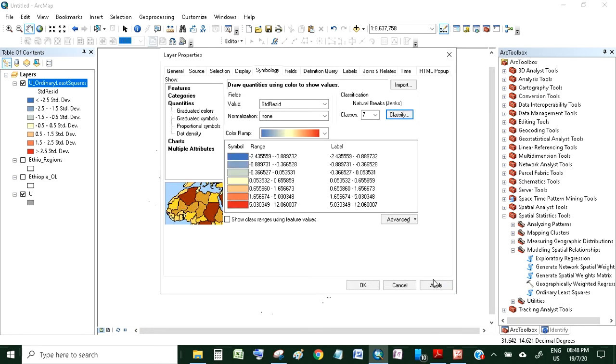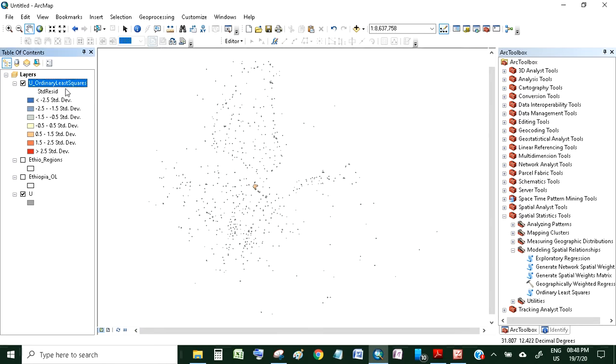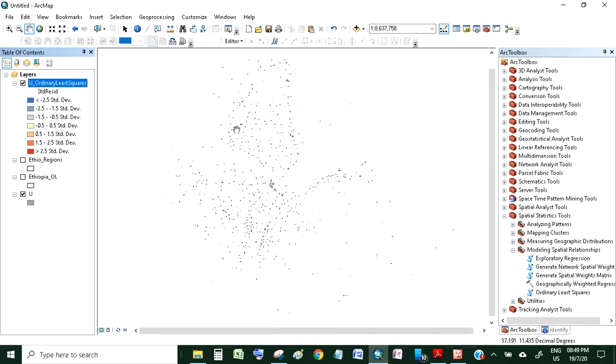And another method is to check whether your residuals are normally distributed, or whether some values are concentrated at one location, meaning some values are overestimated and some underestimated. Overestimated values will give you higher residuals, and underestimated will give you another kind of residual. So how do we check that?